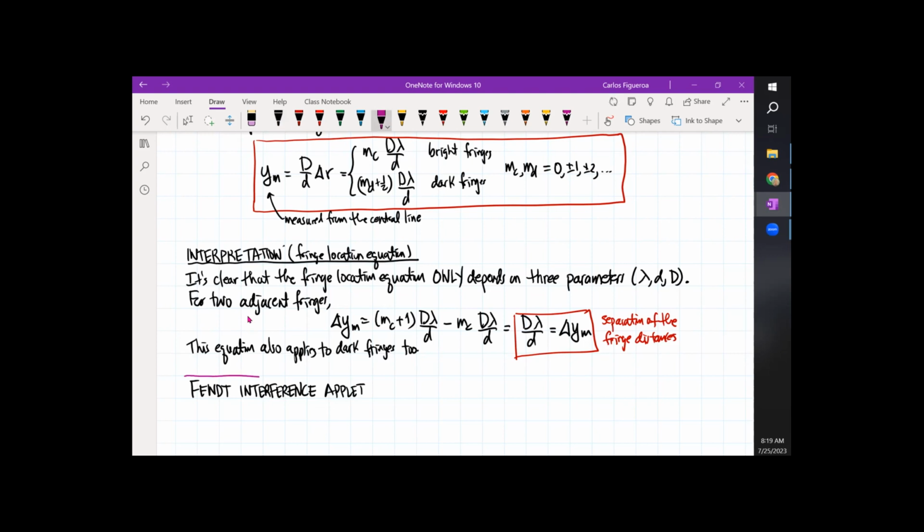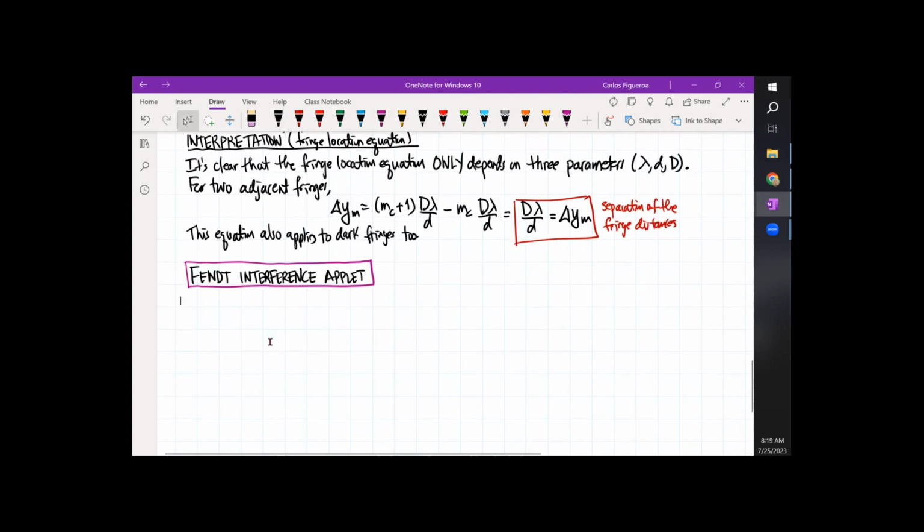I need all 3 parameters to really show that, but this is not going to allow me to do this. So I'm going to use it to talk about the wavelength and the slit separation, but I'm going to use images of another applet that's now deceased.